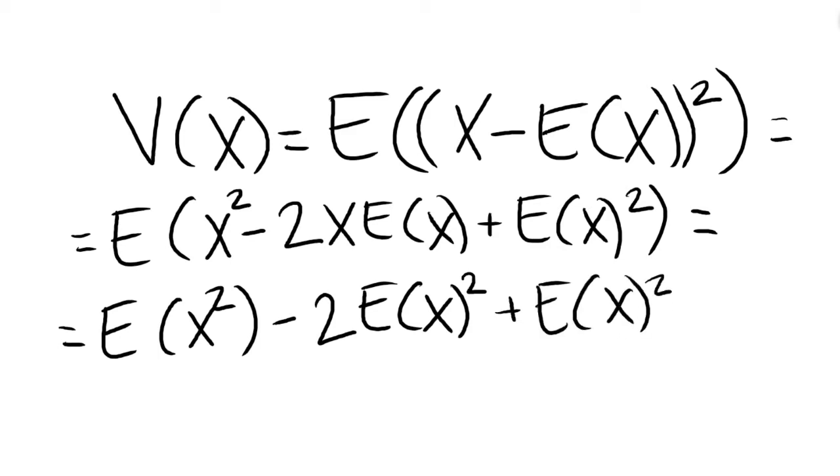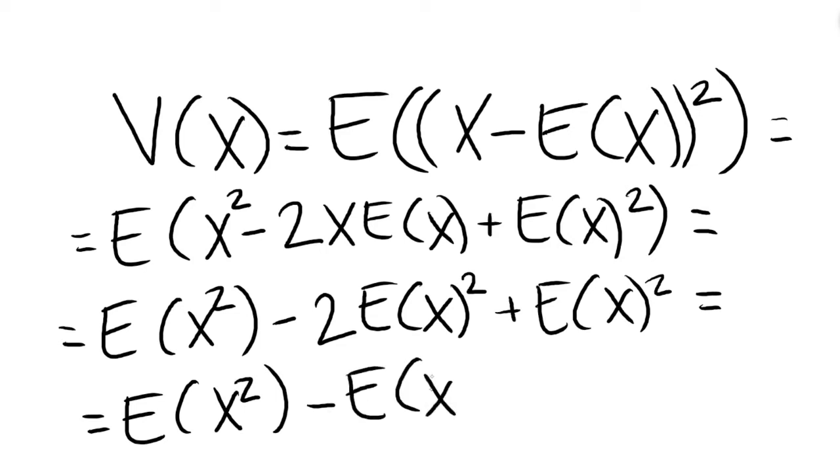Well, we do get the expected value of the expected value, but that is just the expected value. And from here we see we have the expected value of x times the expected value of x twice, so we can simplify this one step more. And we get the expected value of x squared minus the expected value of x, squared.